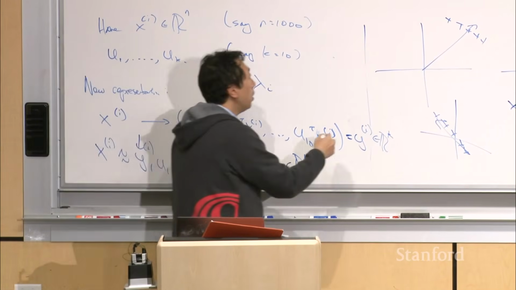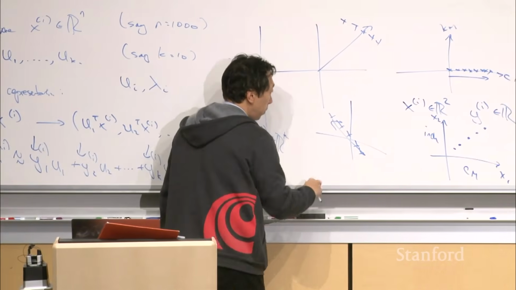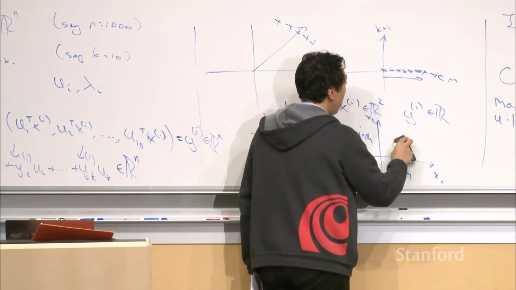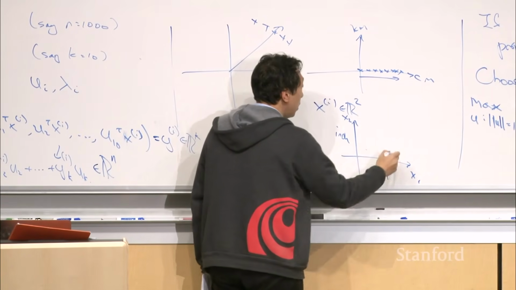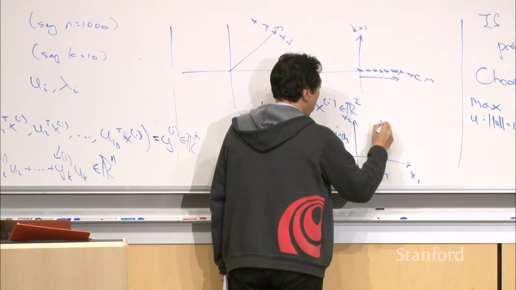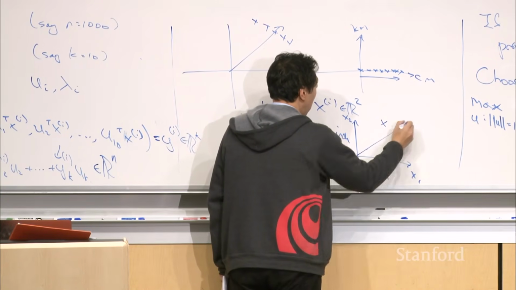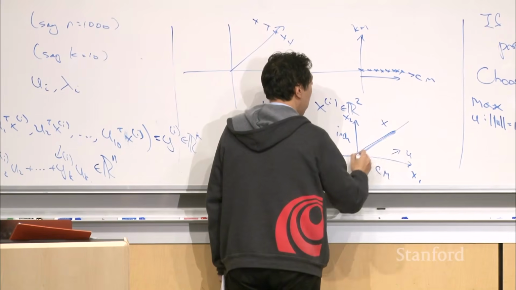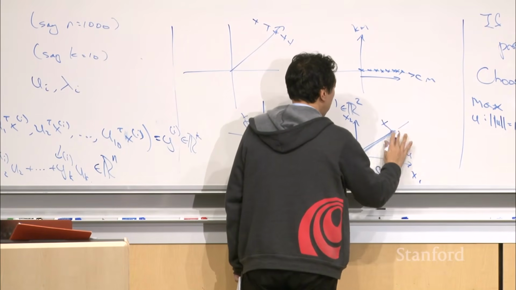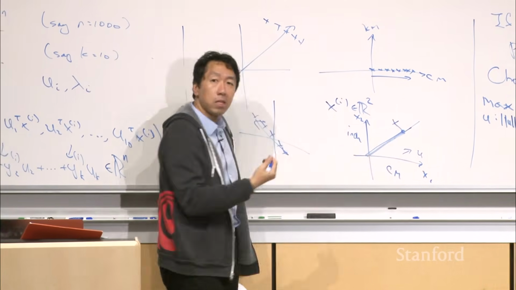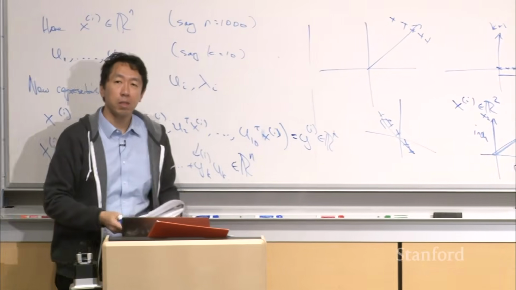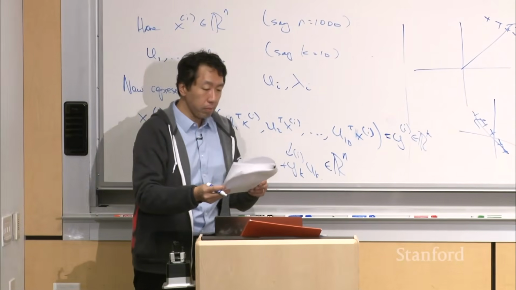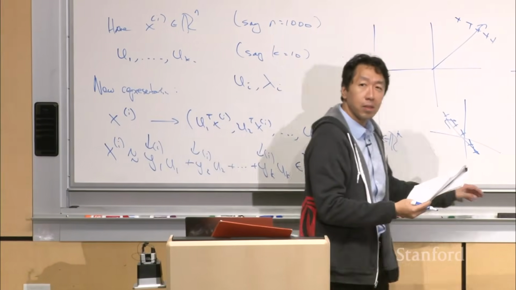In 1D, if this is the vector u, then this length is yi. It is the magnitude of the projection of x onto each of the eigenvectors.